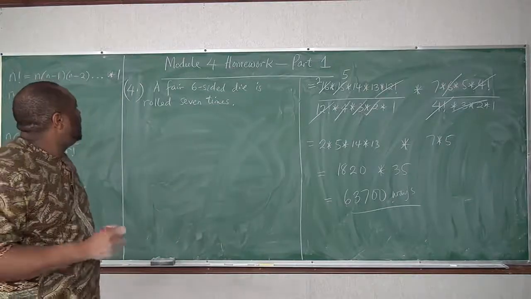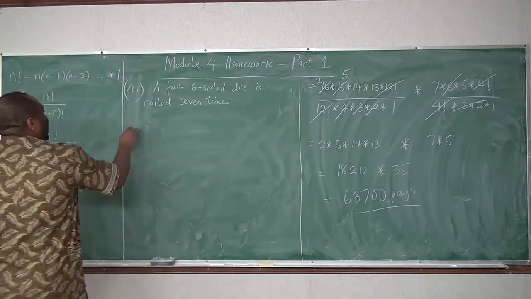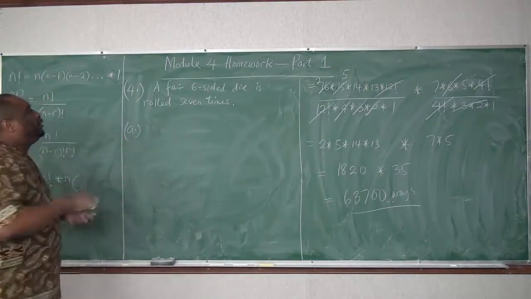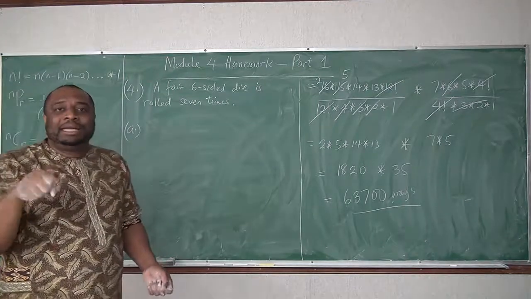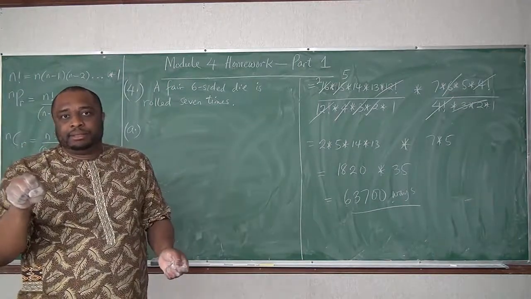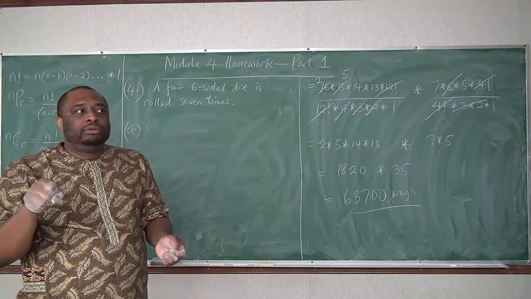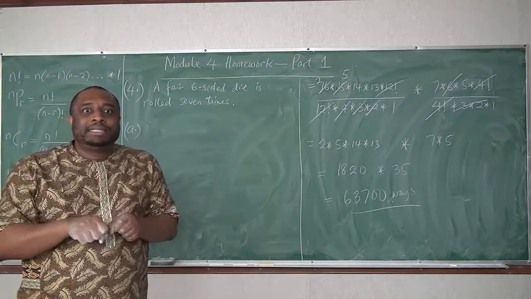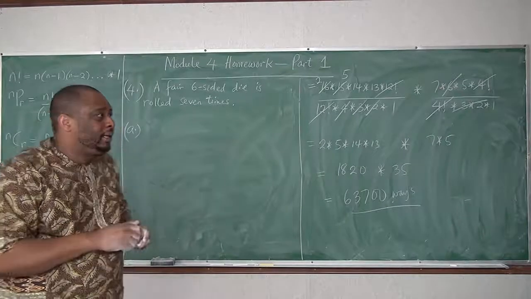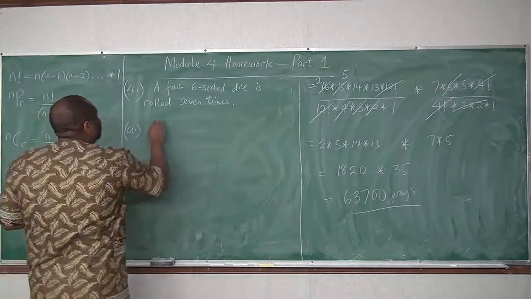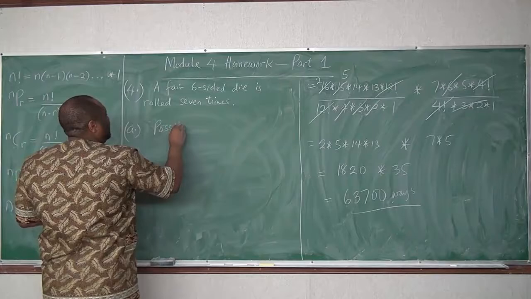Okay, let's do A first. So A, now when you roll a die 7 times, you could get how many possibilities?